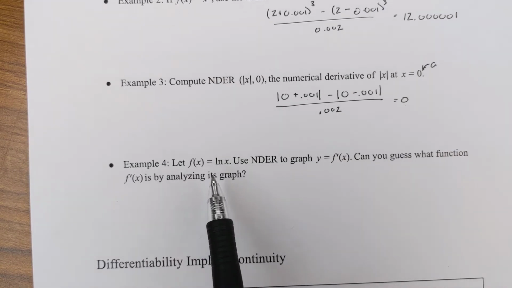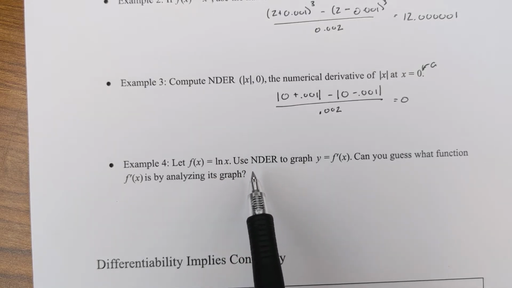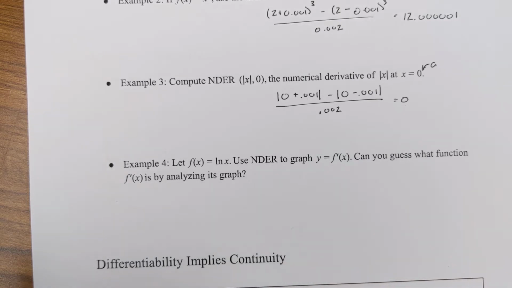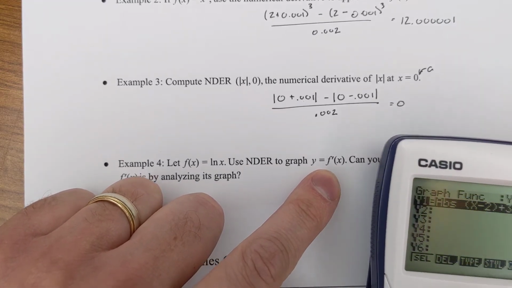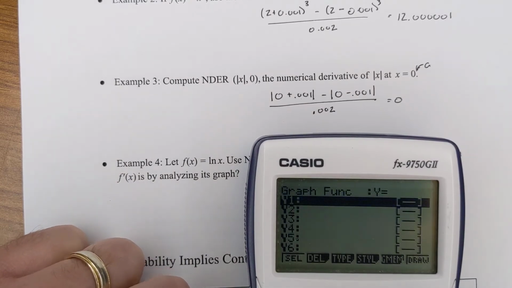Okay, so let f of x equal ln x, use nDeriv to graph f prime of x. Can you guess which function this is by graphing? What that's asking you to do, this can look a little weird getting it typed in correctly on my calculator.